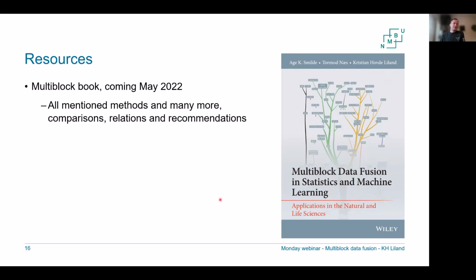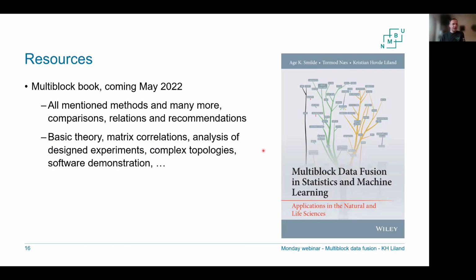It has all the methods mentioned in the talk and many more. You will find comparisons of the methods, relations between them, and some recommendations on which methods to use in which situation. You will find a quite large chapter on basic theory, including 1-block and 2-block situations, and a little bit of linear algebra and more basic things.